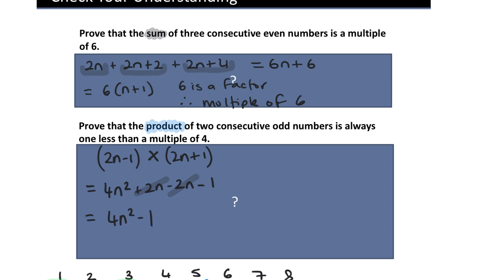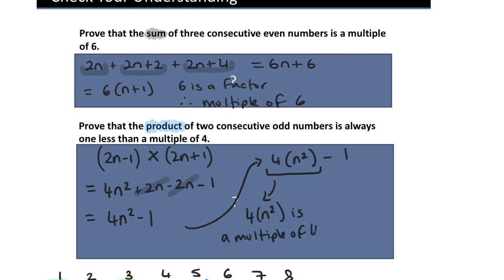If something is 1 less than a multiple of 4, you need to get 4 as a factor. So this is equivalent to 4 bracket n squared minus 1. 4 bracket n squared is a multiple of 4 because 4 is a factor.